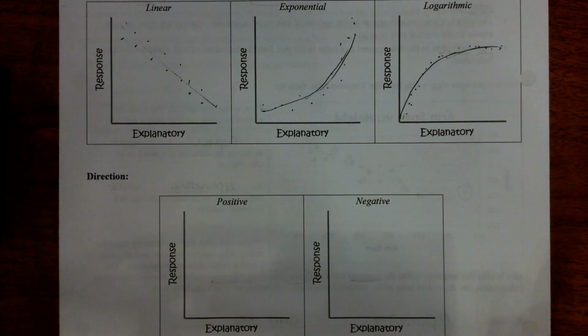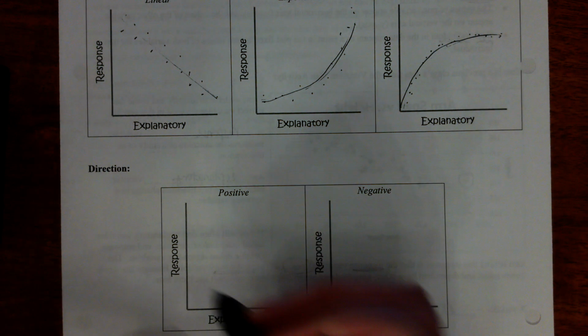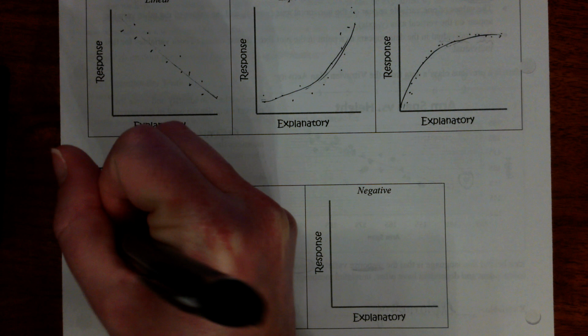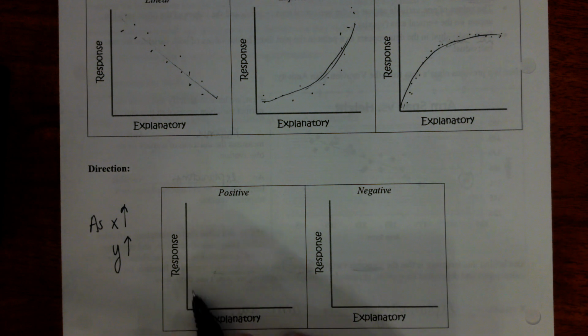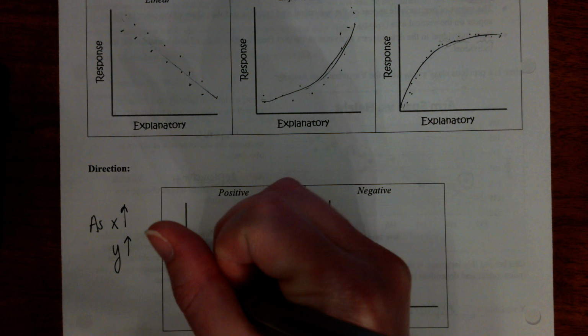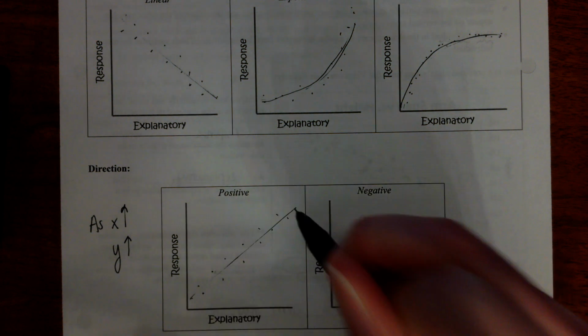So when we're looking at our points here, for positive, we're going to see as x increases, so as x goes up, our y also wants to go up. So if we're looking at some type of positive direction, we're going to make sure that our dots are increasing left to right, or something like this.